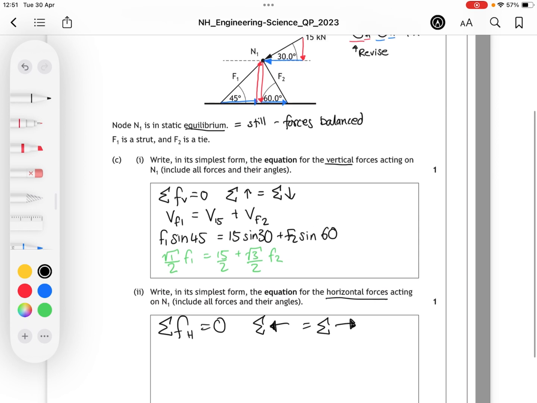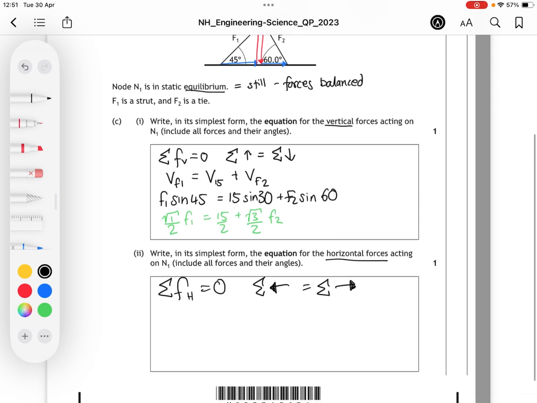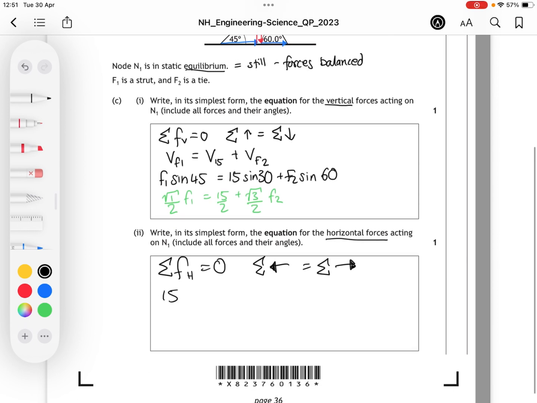And so in this case, sum of forces going to the left is going to be 15 cos 30, and that is going to be equal to F1 cos 45 added to F2 cos 60.